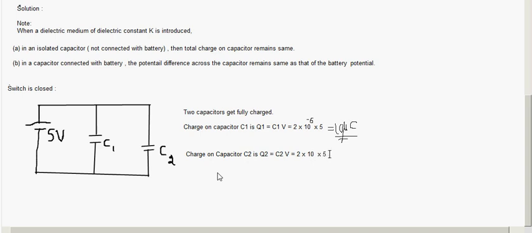Again the charge on each capacitor is 10 microcoulomb.